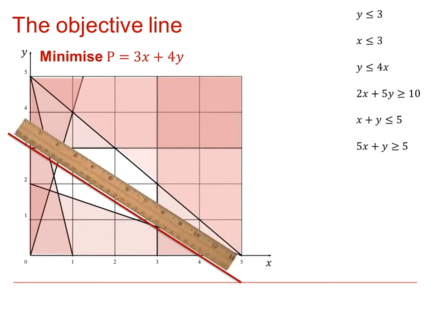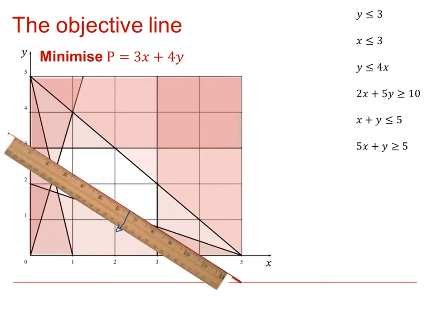Now, if we want to minimize, it's the same equation. So there's our first line. This time we simply need to move it towards the origin and look at the last point. And we can see that the last point that we leave is this one here. And that's where we have the two equations.